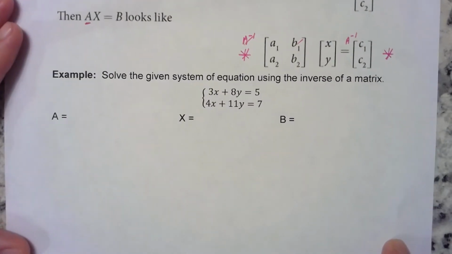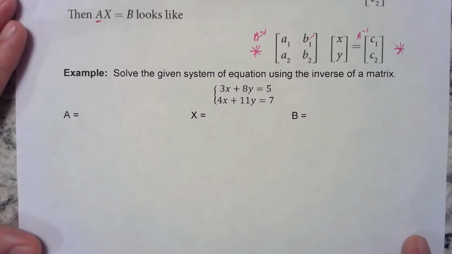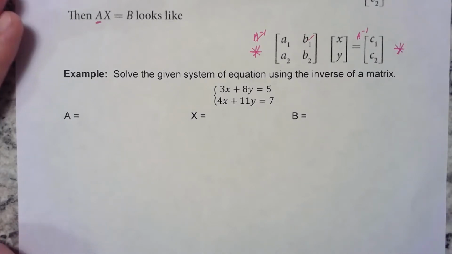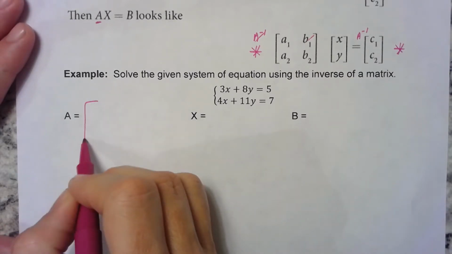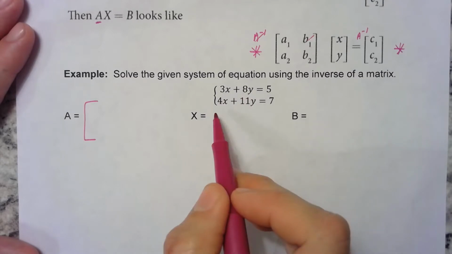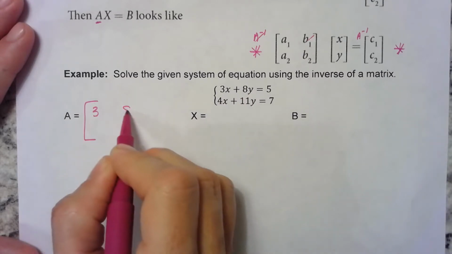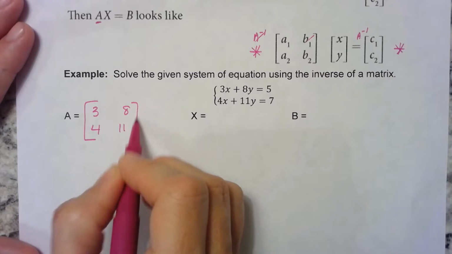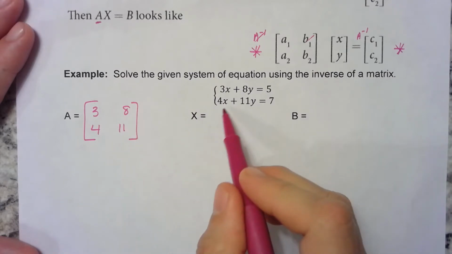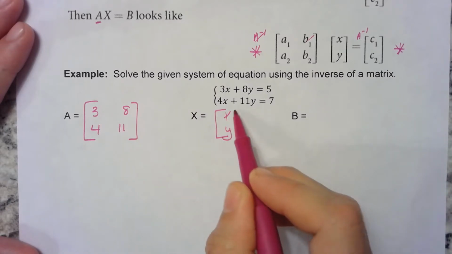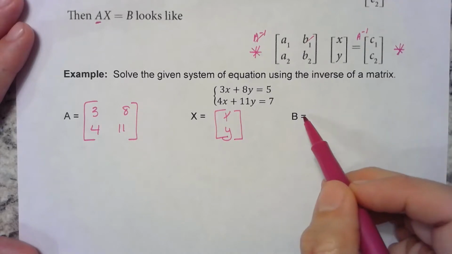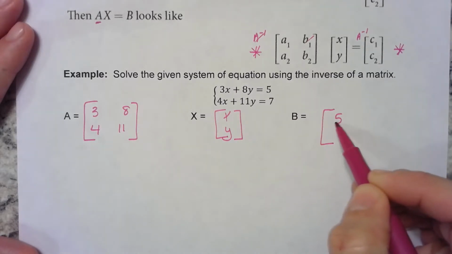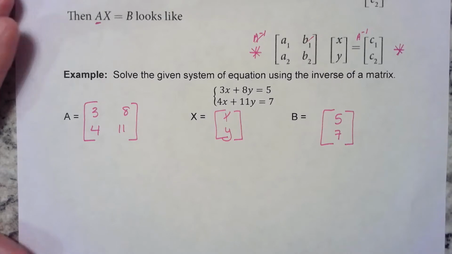So let's say that we're given this system of equations. First of all, what is your coefficient matrix? That's going to be 3, 8, 4, 11. Your variable matrix is the matrix XY. And then your constant matrix is the matrix 5, 7.